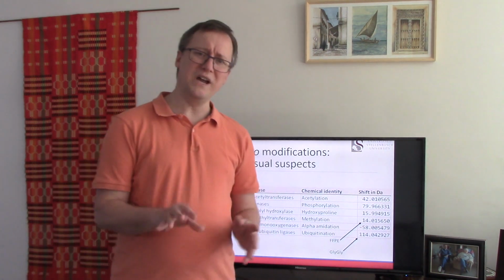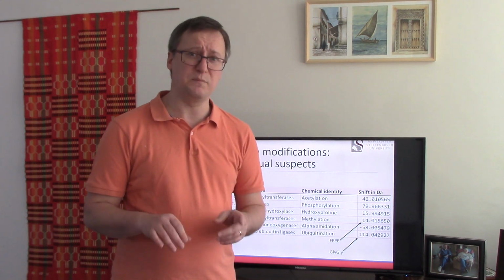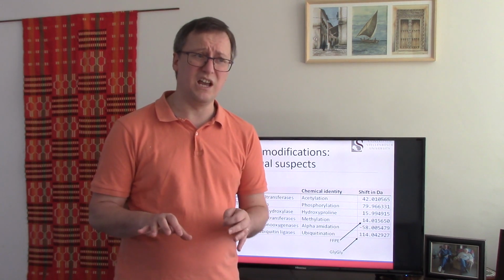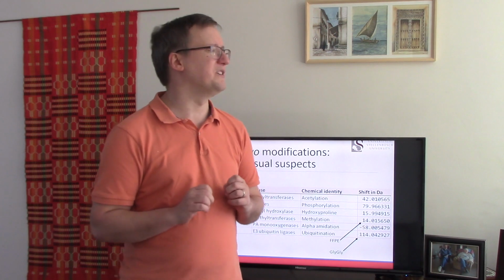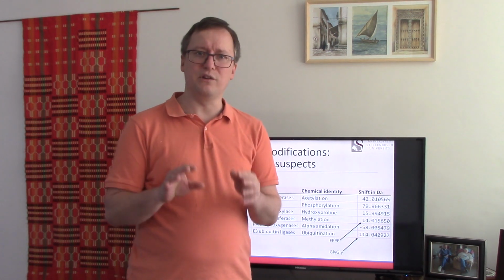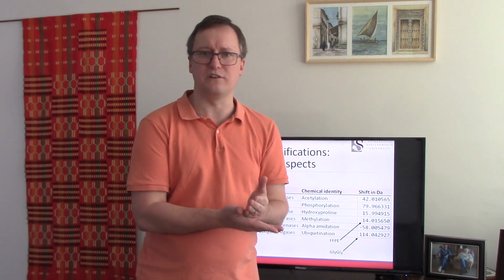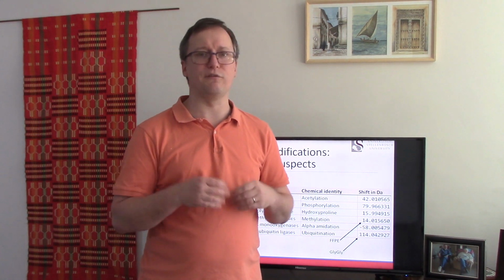Also, you might see that people have incorporated a mass shift of 114, especially if they're doing ubiquitin studies or SUMOylation studies. I always need to pronounce that correctly. In both of these cases, a peptide is stuck onto lysine residues as kind of a way for the cell to mark this protein for death.